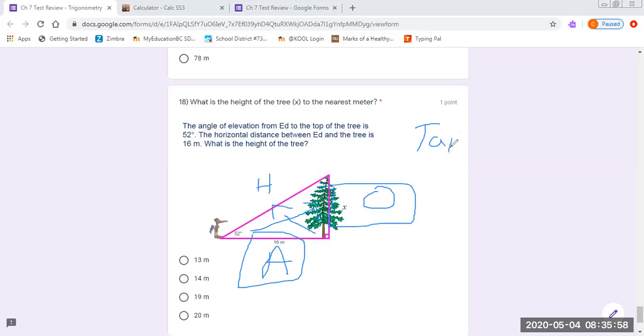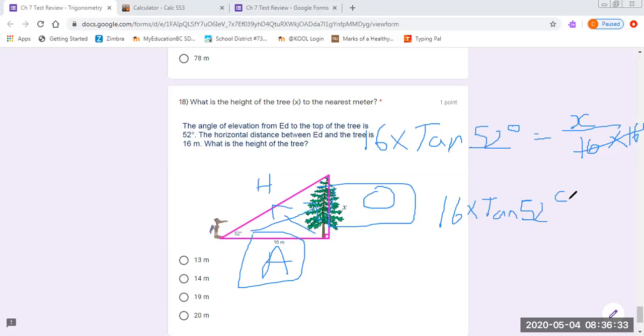So this is tan of 52 degrees. And now, in this case here, I know adjacent. So it's opposite, which I don't know. So opposite is x. I'm going to put that at the top, over adjacent, which is 16. So in this case, to get x by itself, I can just simply multiply both sides by 16. And this cancels out here. And so what I'm left with is 16 times tan of 52 degrees is equal to x.